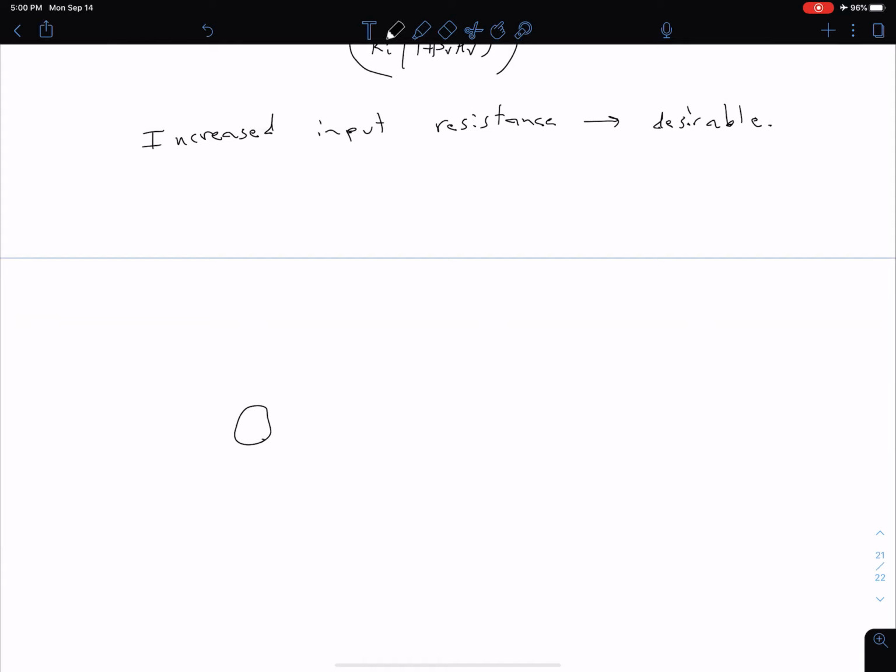So if we have some input voltage VI, and we have some source resistance here and some input resistance to our amplifier, so let's say this is RS and this is RIF, well, this is the voltage that's going to actually be input to our amplifier. We want that to be as close as possible to the voltage input here.